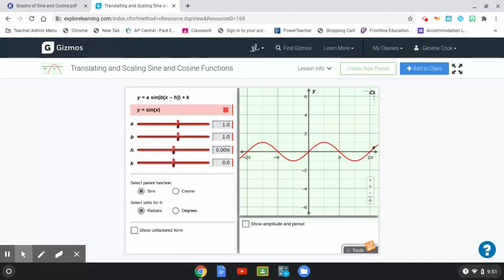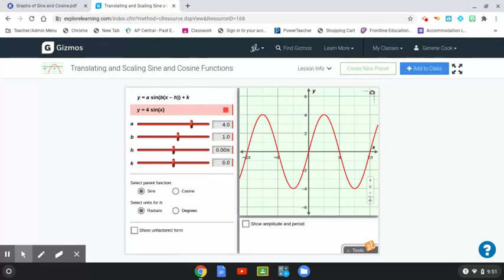Now, a is going to have the same effect on the graph of sine or cosine, but I want you to notice what happens. So remember, if the absolute value of a is greater than 1, then the graph is vertically stretched. So notice what happens when we vertically stretch this graph. And let's say I stop with a equaling 4.